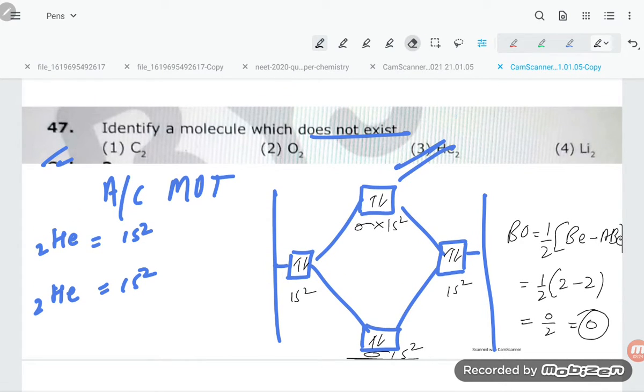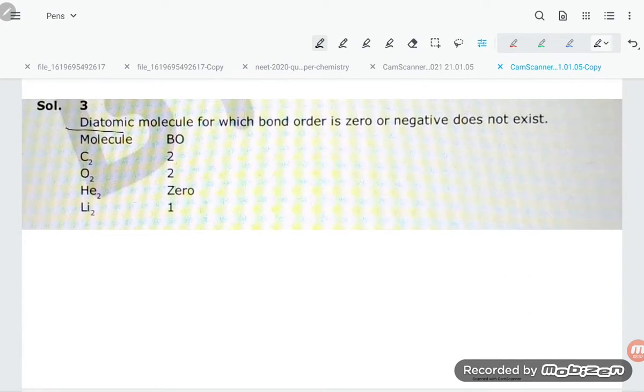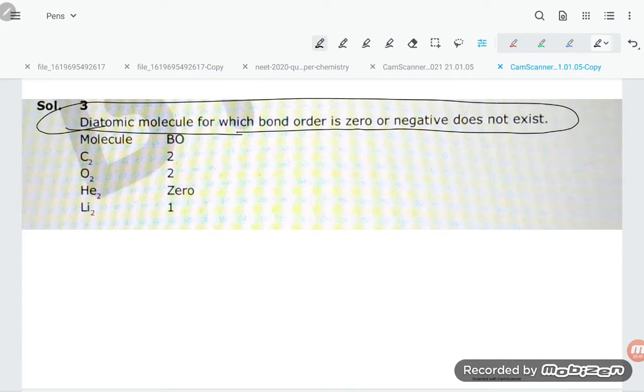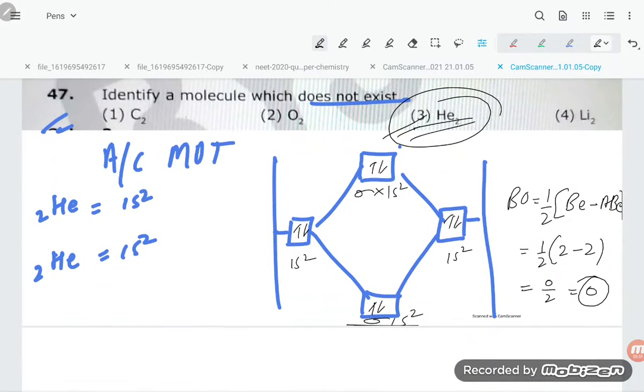It means there is no bond between the helium atoms, so the molecule is not going to exist. So our required answer is option number 3. A diatomic molecule for which bond order is 0 or negative does not exist. Here the bond order of C2 is 2, O2 is 2, He2 is 0, so it does not exist. The correct option is option number 3.